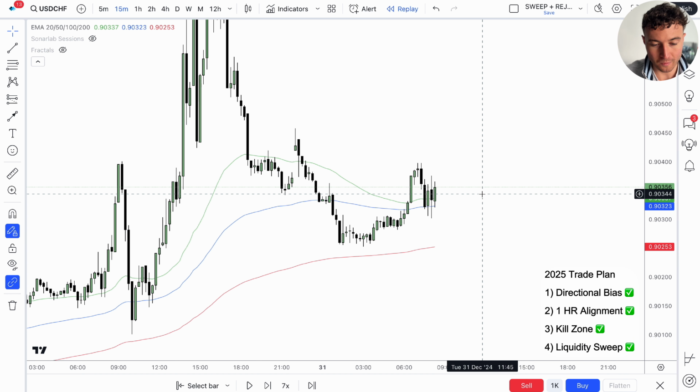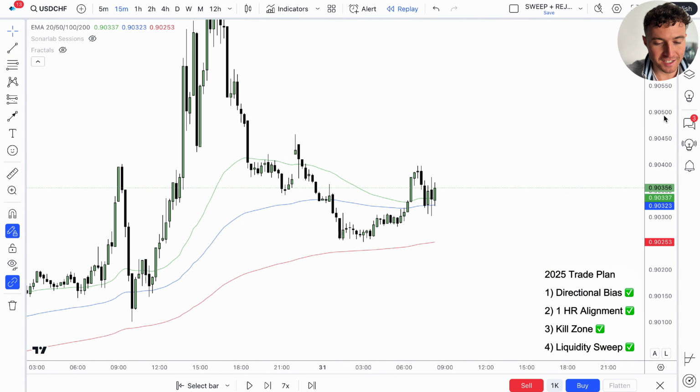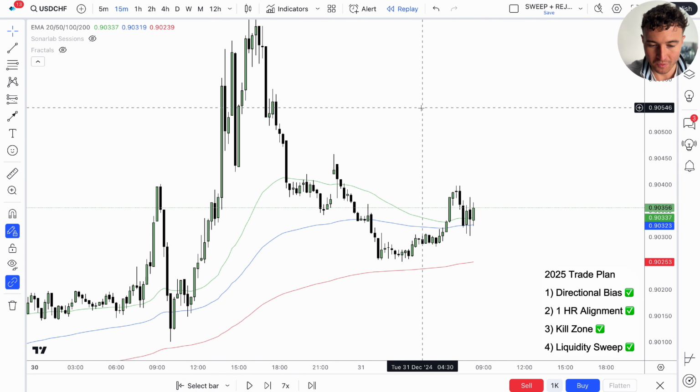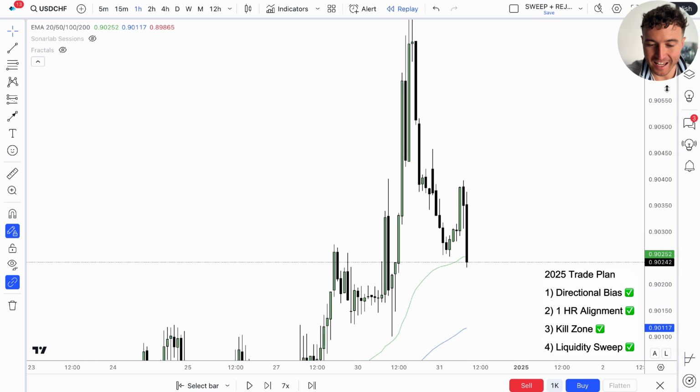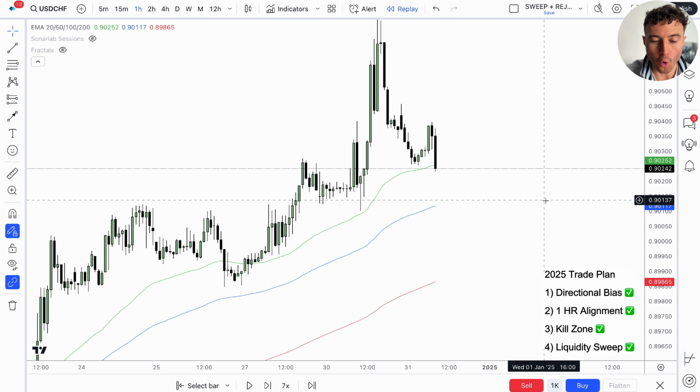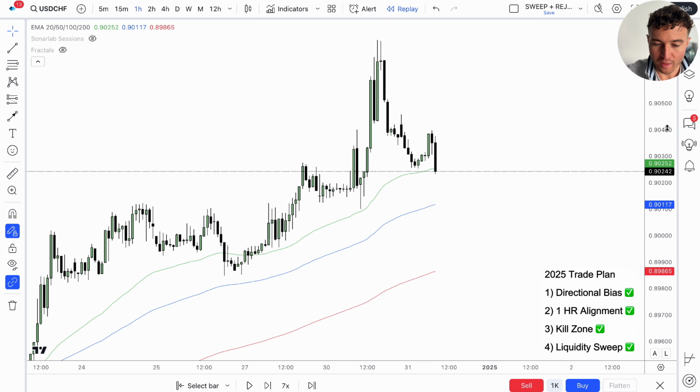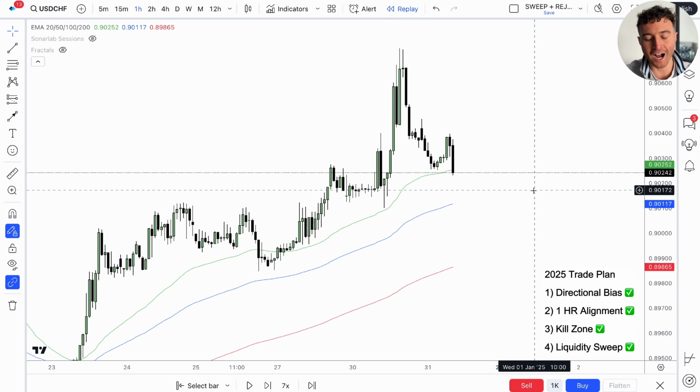Step number 2 is our higher time frame alignment. So for example, if we pop over to the 1 hour time frame, like so, what we're looking at is the 1 hour time frame also agreeing with the 15-minute time frame? If so, this ensures that you're having a higher probability setup, and that is why we have this as trade score number 2.